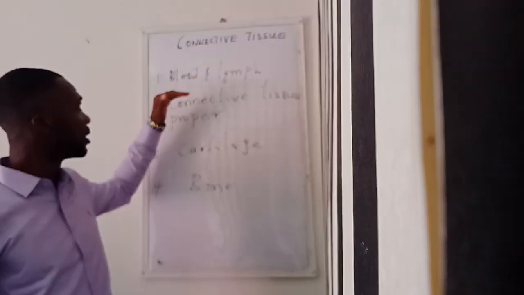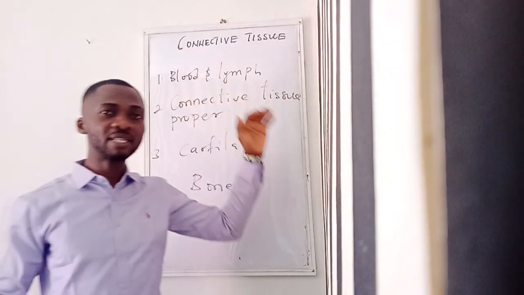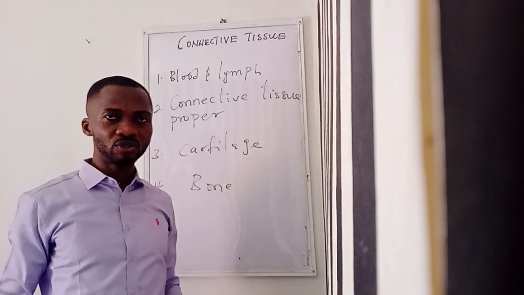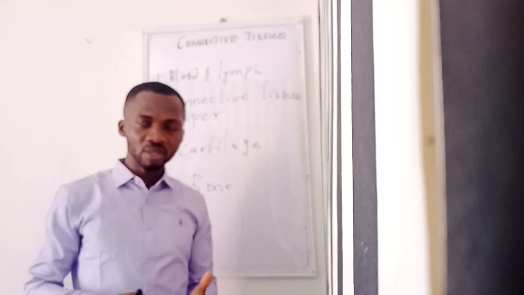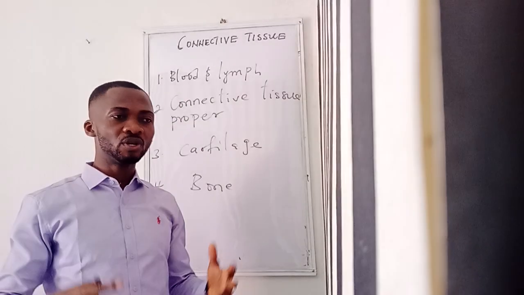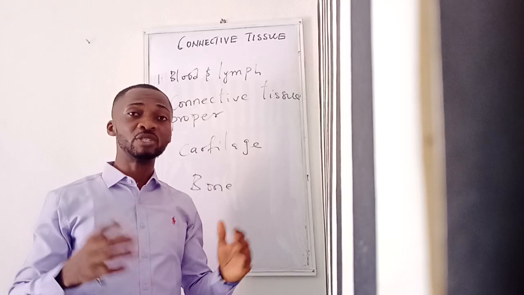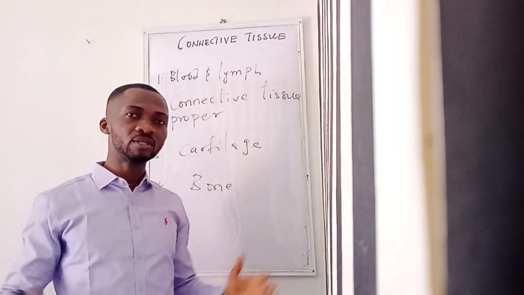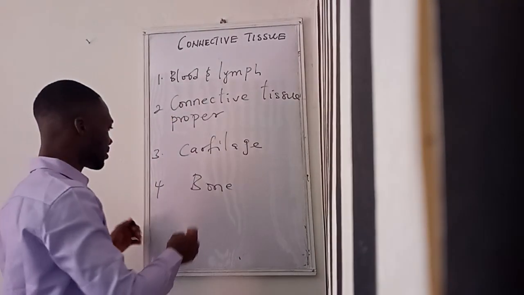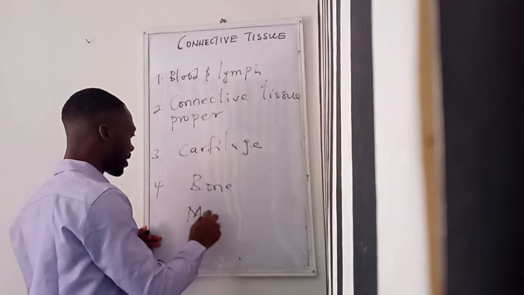Then the blood, why is blood regarded or referred to as a connective tissue? One is that blood comes from the same origin as other connective tissue. There is this tissue that is called the mesenchyme.